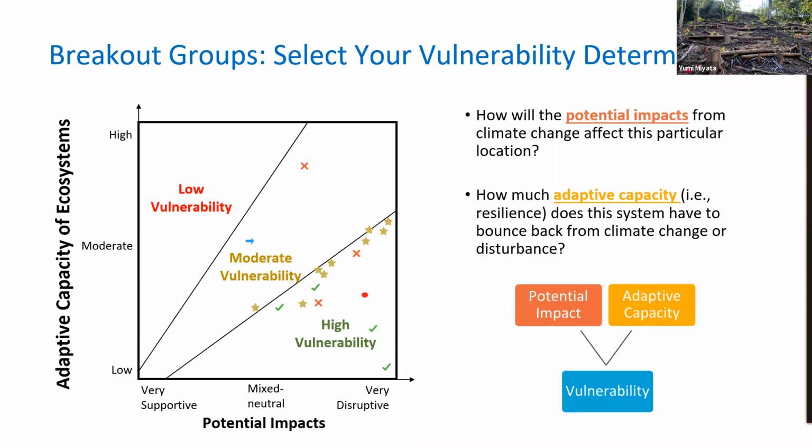And the ability for our project, our plants in that area to bounce back from these types of disturbances, it's going to need a lot of assistance from our crew in order to bounce back and make it through some of these drastic changes that we're experiencing. So that's my reason I chose kind of in the middle between moderate and high.